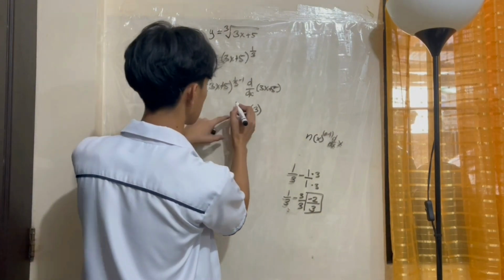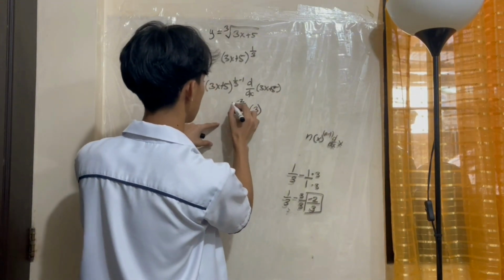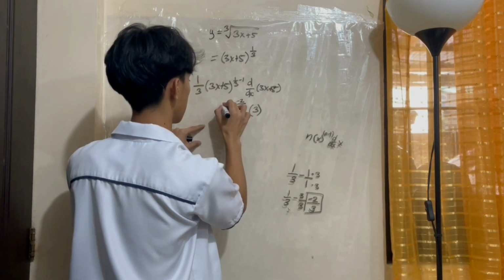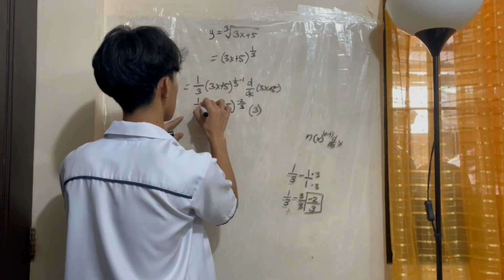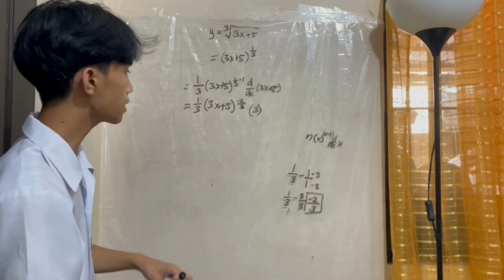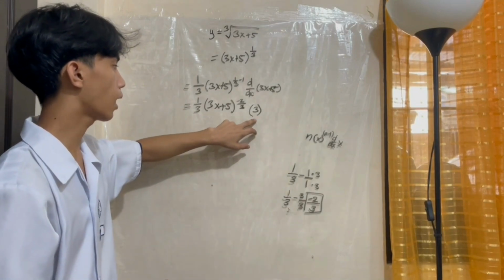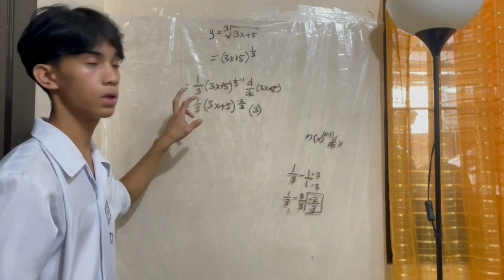So negative 2/3. Let's just write down our x and our coefficient. Our next step is we need to multiply the derivative of our x into the numerator.